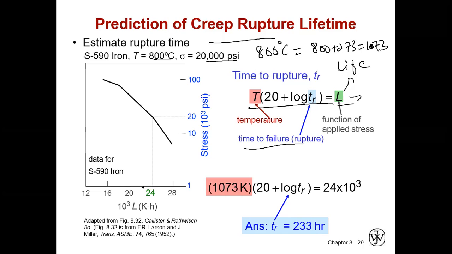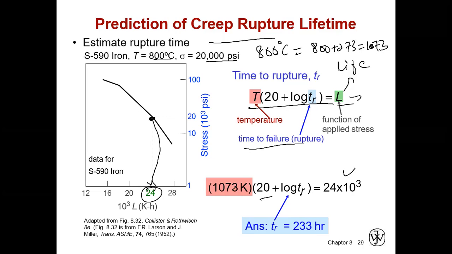Okay, so when I plot against this, I found that the life of this material is 24 times 10 raised to the power 3 Kelvin-hours, right? So I use this equation and put the value of L from this graph and the T from the given data, and 20.